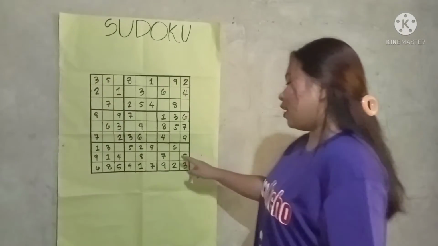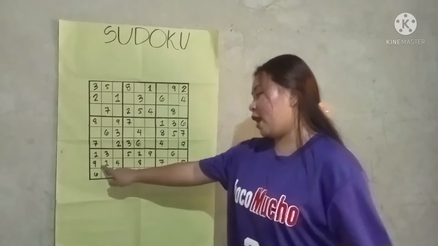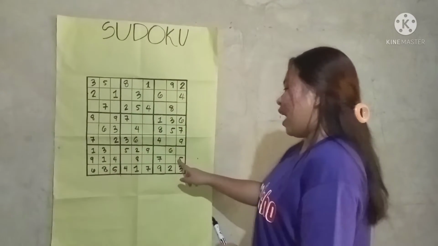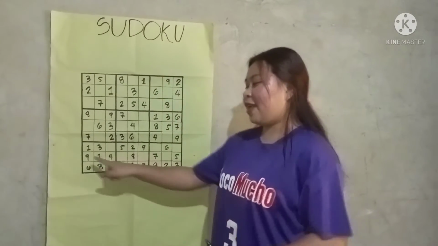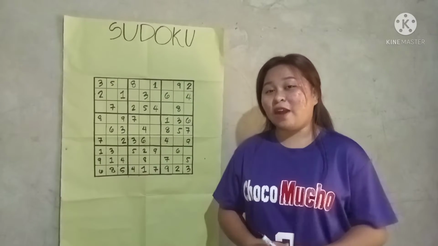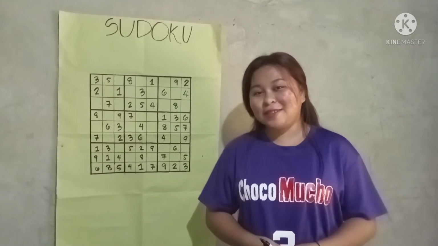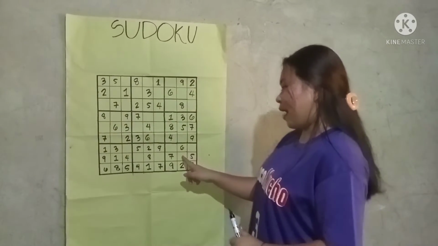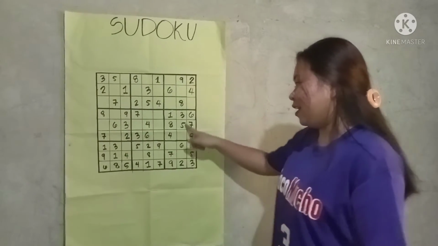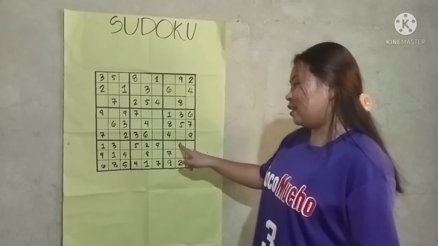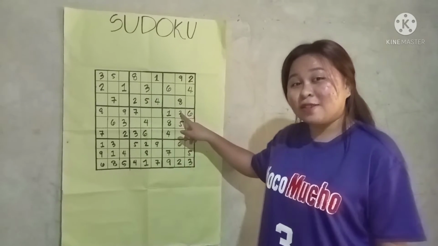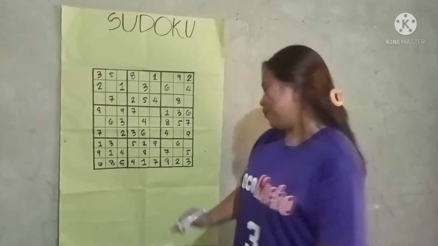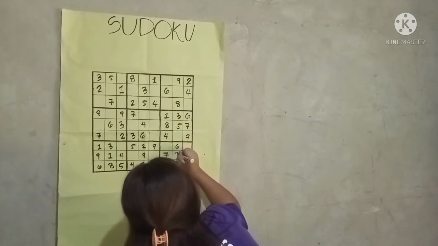In the second row, the numbers are 1, 4, 5, 7, 8, and 9. Missing numbers are 2, 3, and 6. Let's start with the first box. In the first box, as you can see in this line, the number 6 and the number 3 are available. So we're gonna put the number 2 in here.